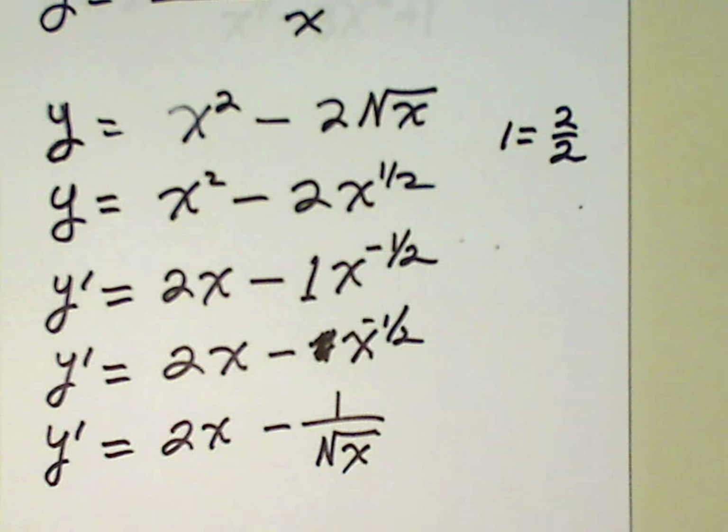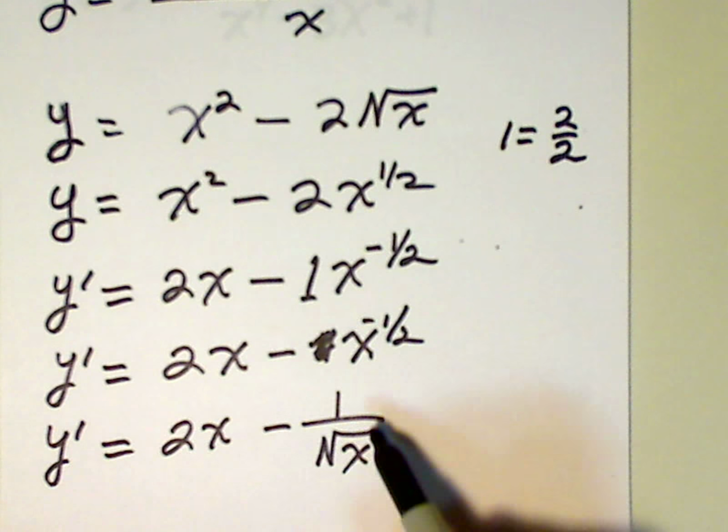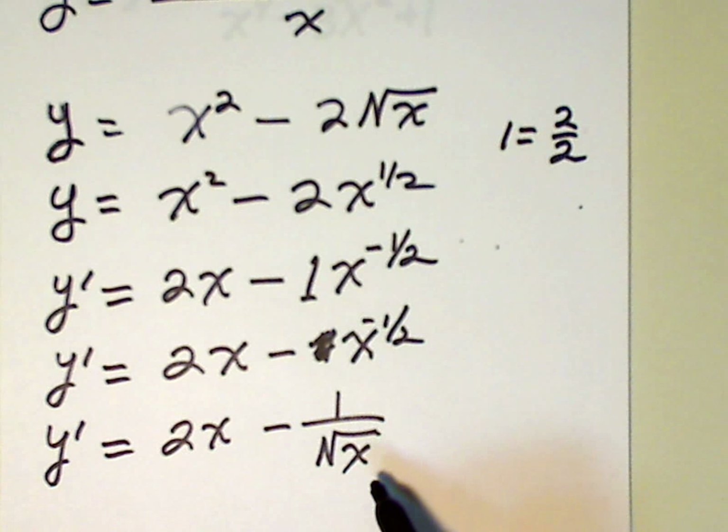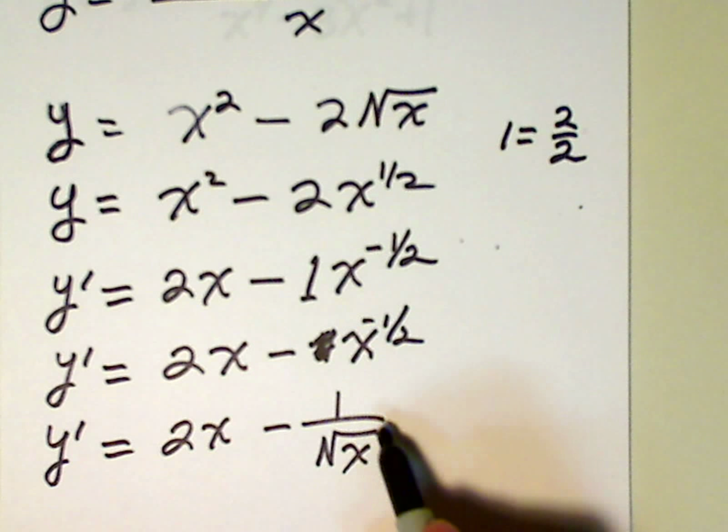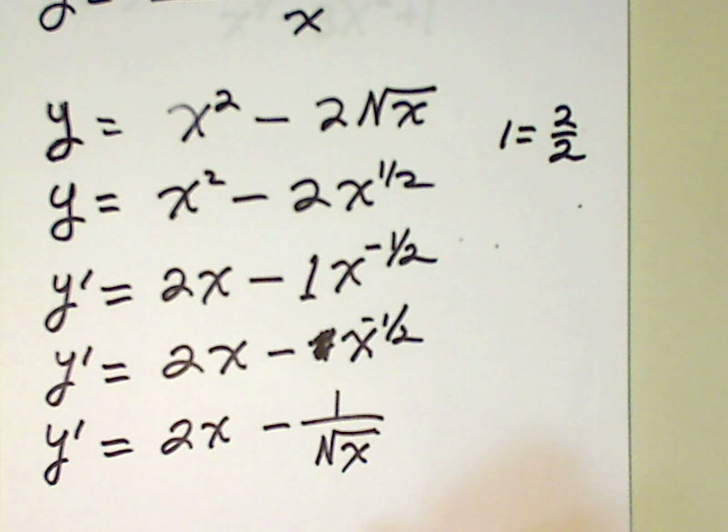Now, ordinarily, I would say, this is the derivative, okay? But we can do something. We can rationalize this particular fraction. It's bad form typically to leave the square root in the denominator. So let's kick this square root up into the numerator.